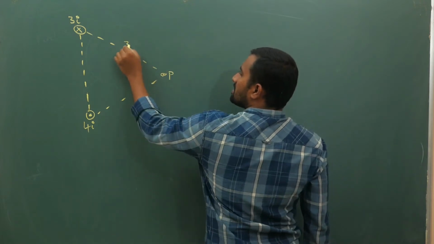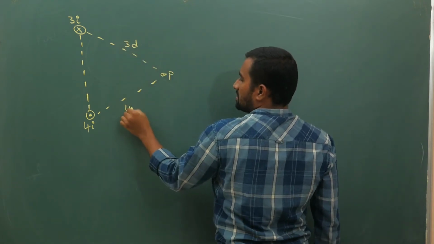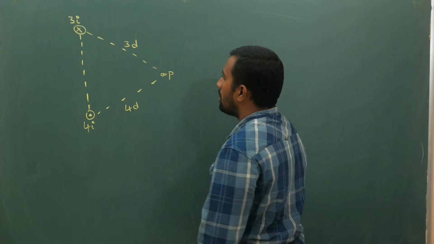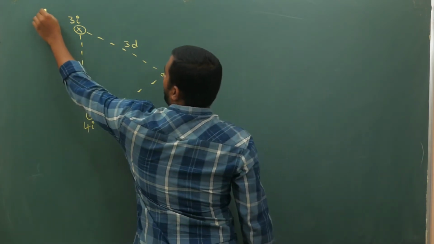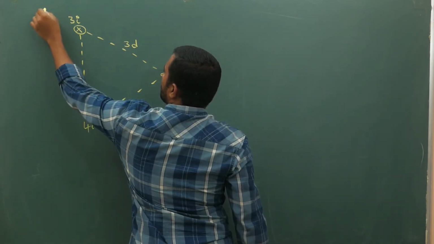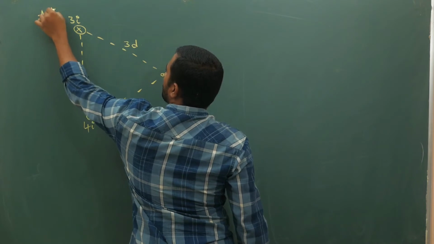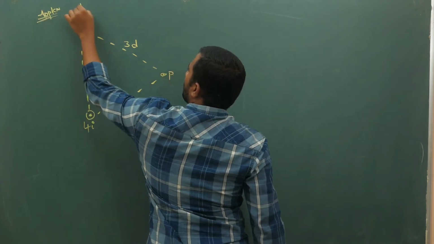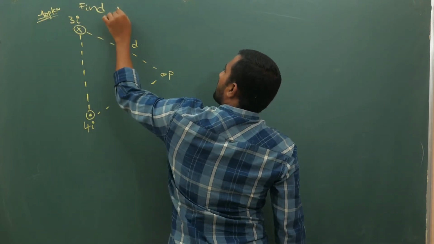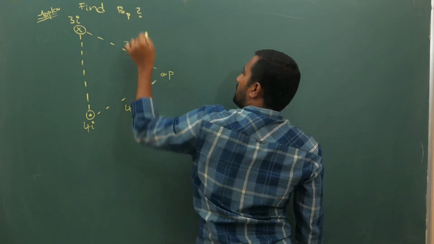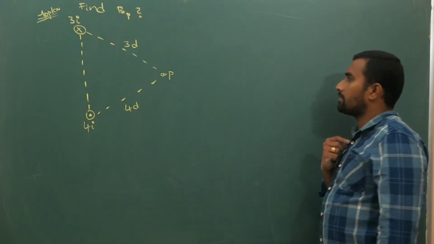This distance is given as 3D, this distance is given as 4D. The question is, find the magnetic field at point P.